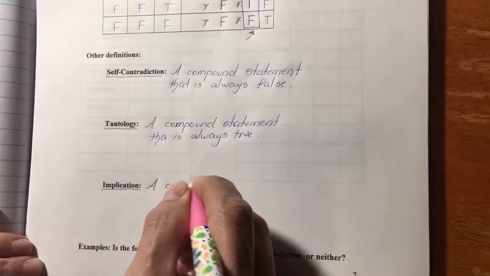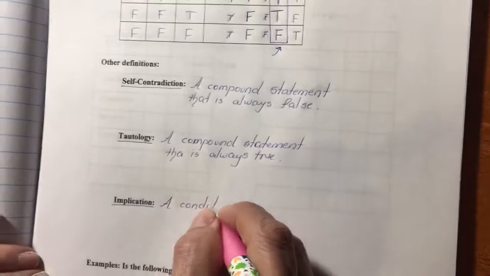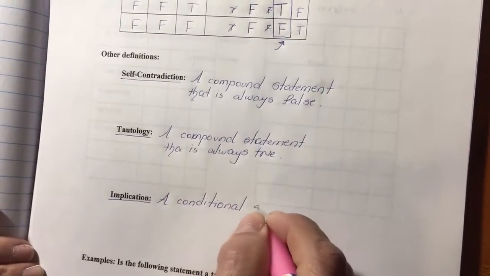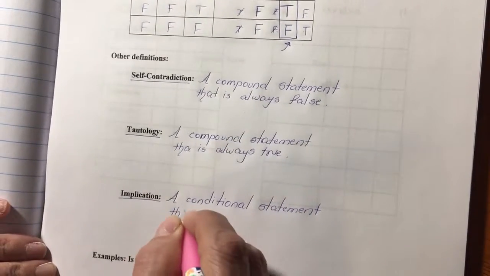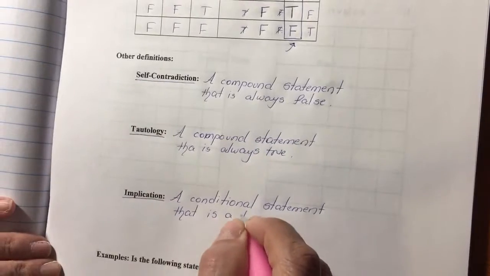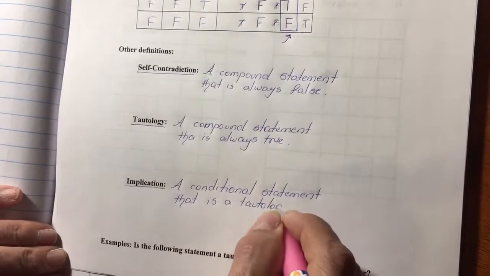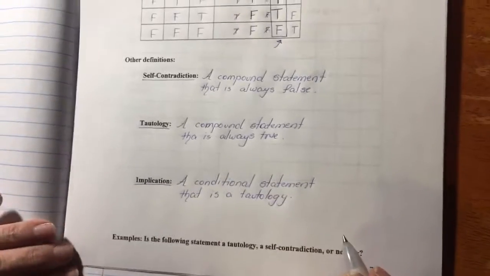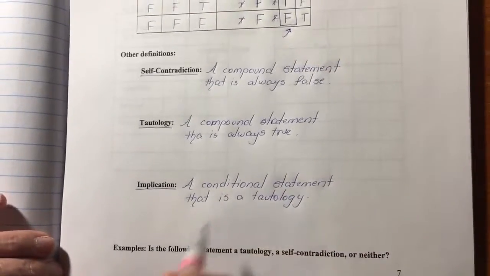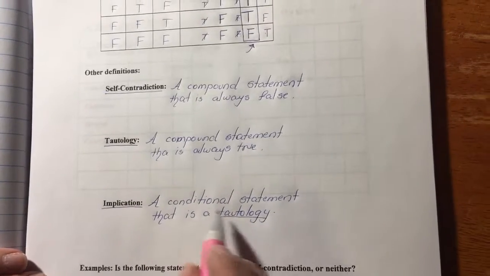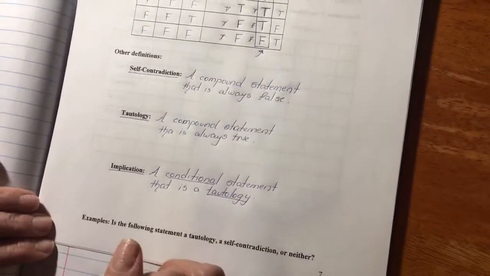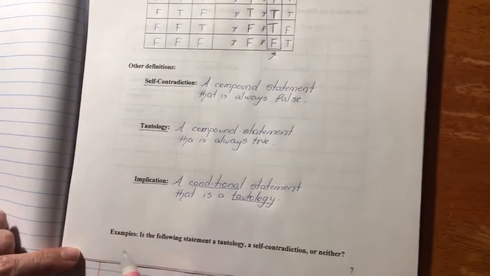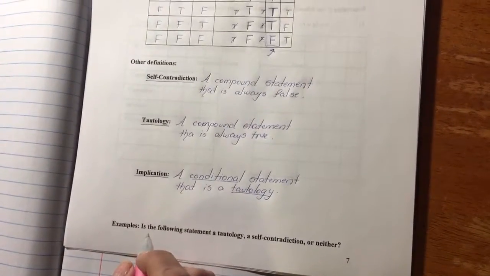A conditional statement, so it is an if-then statement, that is a tautology. This means that it's always true, but it is a conditional statement. So this is the difference between implication and tautology. Tautology is for an and statement, an or statement. It can be any kind of statement, but in implication, it is specifically a conditional statement.